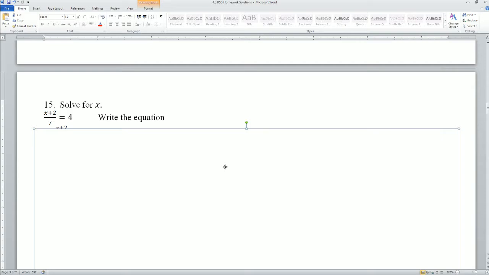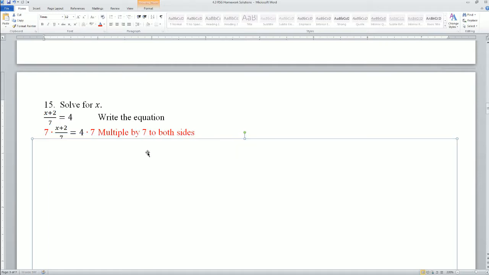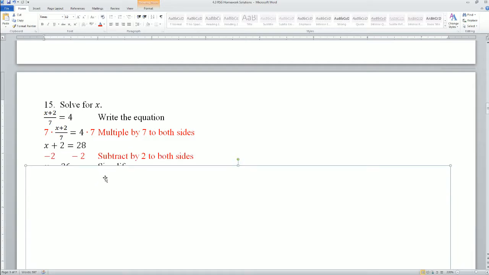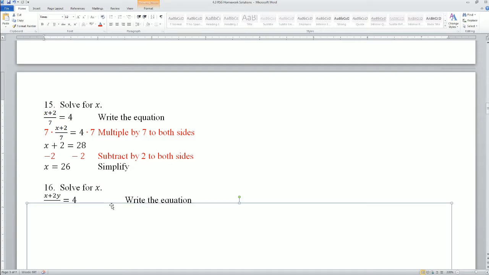Number 15. I'm going to solve for x. x plus 2 divided by 7 equals 4. That is my original equation. Multiply both sides by 7. I simplify to get x plus 2 equals 28. Subtract 2 from both sides. Simplify to x equals 26. Number 16. I'm going to solve for x.